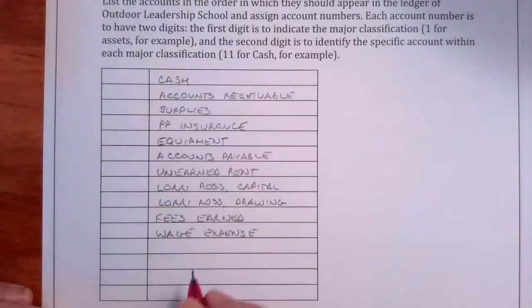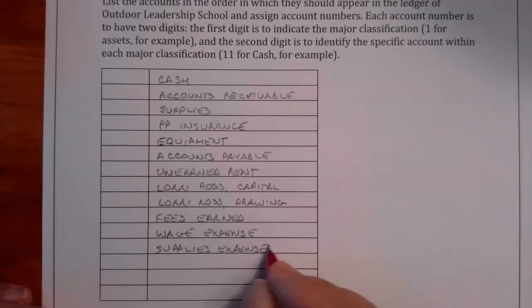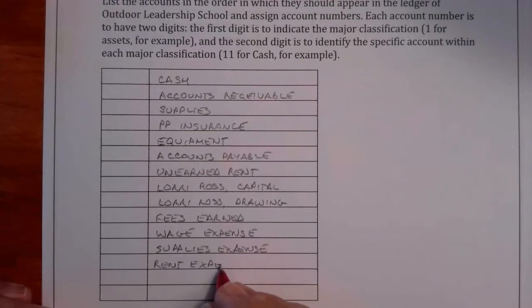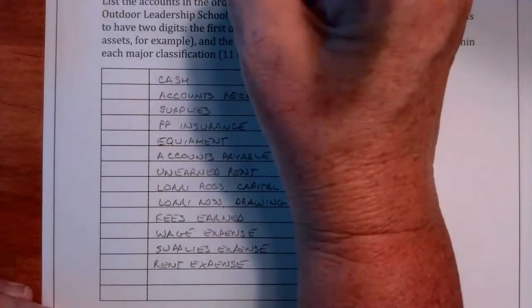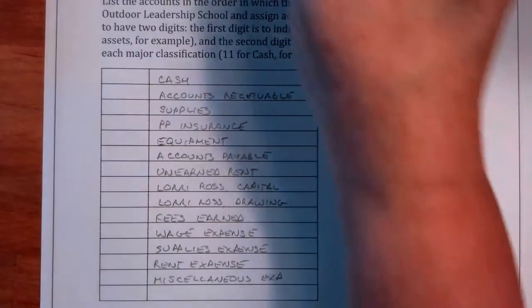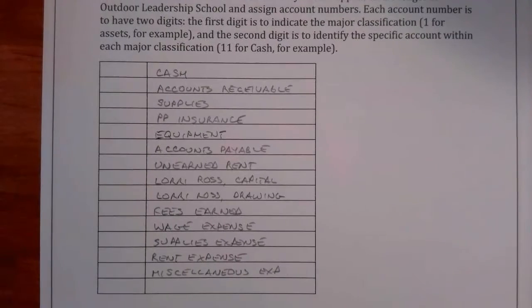So we've got wage expense, supplies expense, rent expense, and finally, the last account that we have is miscellaneous expense. Okay, so we've got them all. You take a quick look at it, make sure you didn't miss any. But let's take a look at the accounts that we have now.